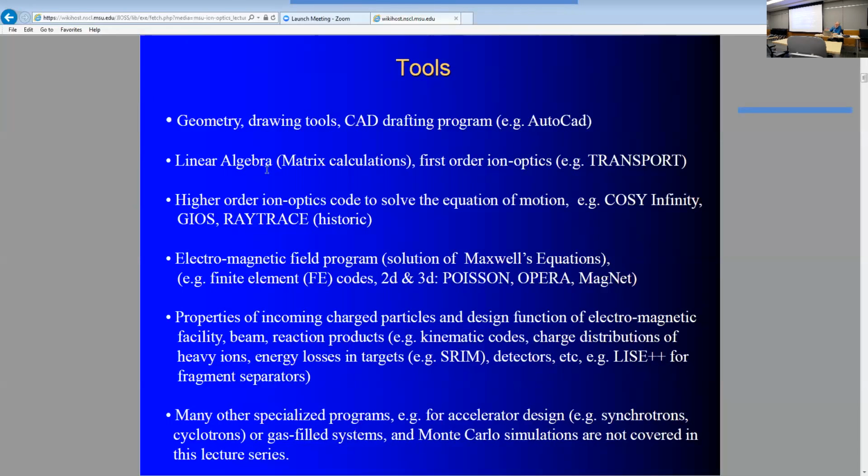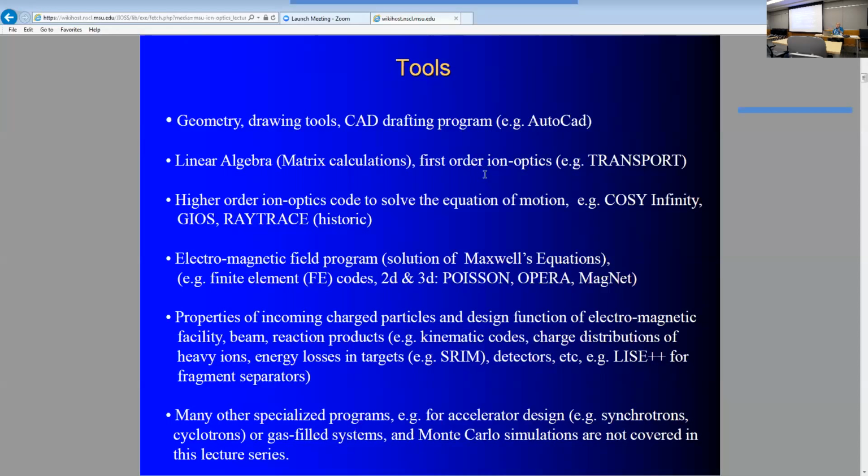We will introduce everything, but if you're not familiar with matrices, that may be difficult for you, but I assume you have. In first order, these are matrix calculations. If you go to higher orders, then you will find the word map in the COSY program.